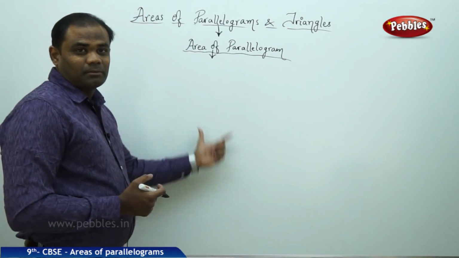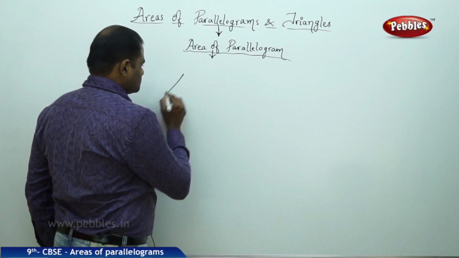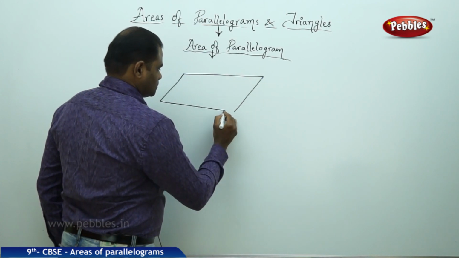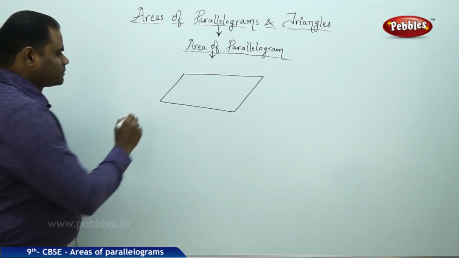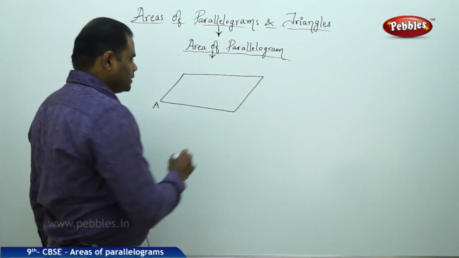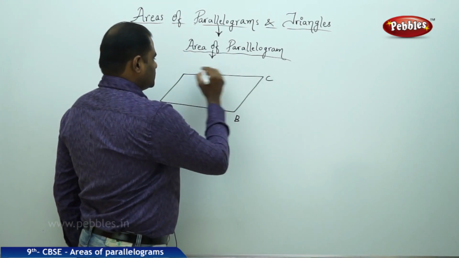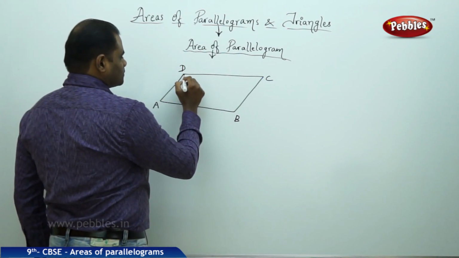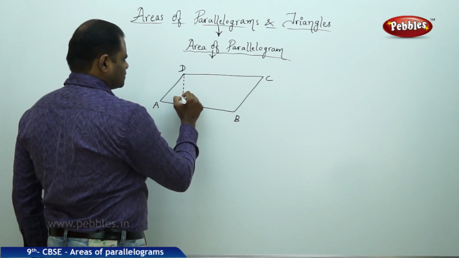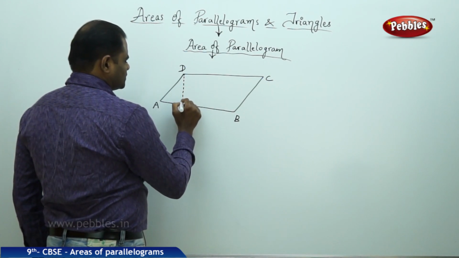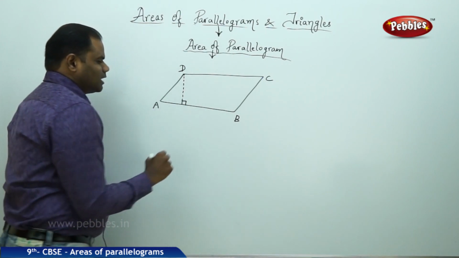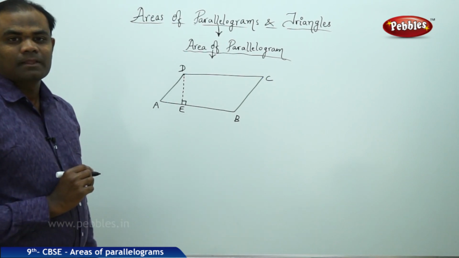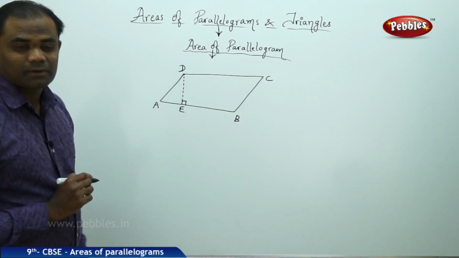So let me take a parallelogram ABCD. Here is my parallelogram A, B, C and D. Let me drop a perpendicular from D such that this forms a perpendicular, and this is the height of the parallelogram.